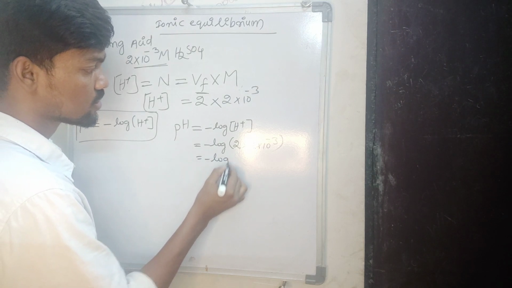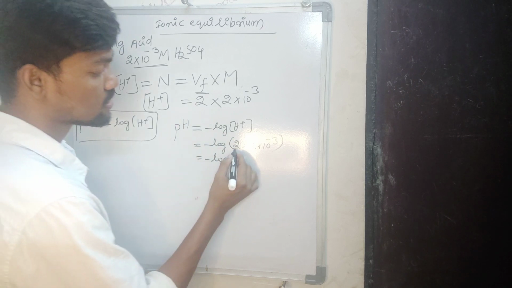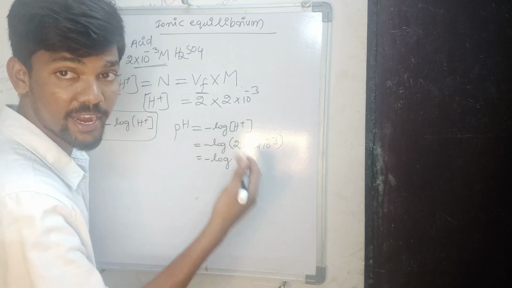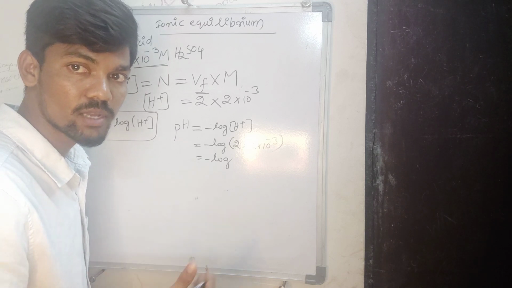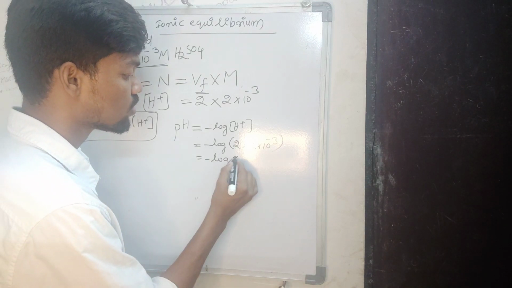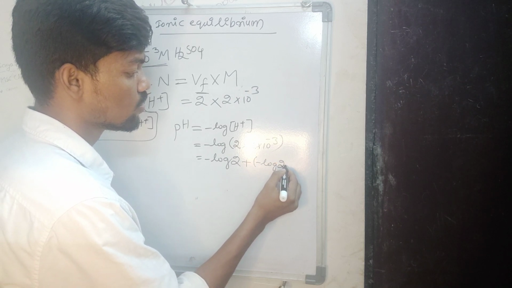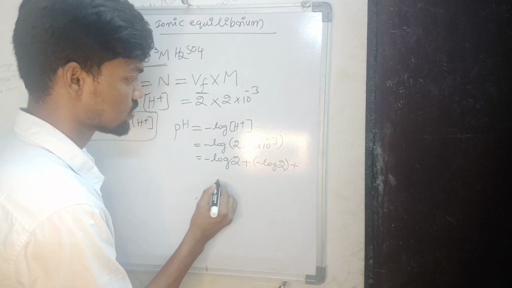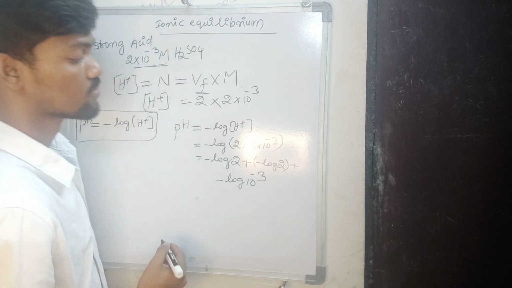How can you find out this one? Minus log, H2SO4. This is log A into B form. Log A into B means log A plus log B. So minus log 2 plus minus log 10 power of minus 3.